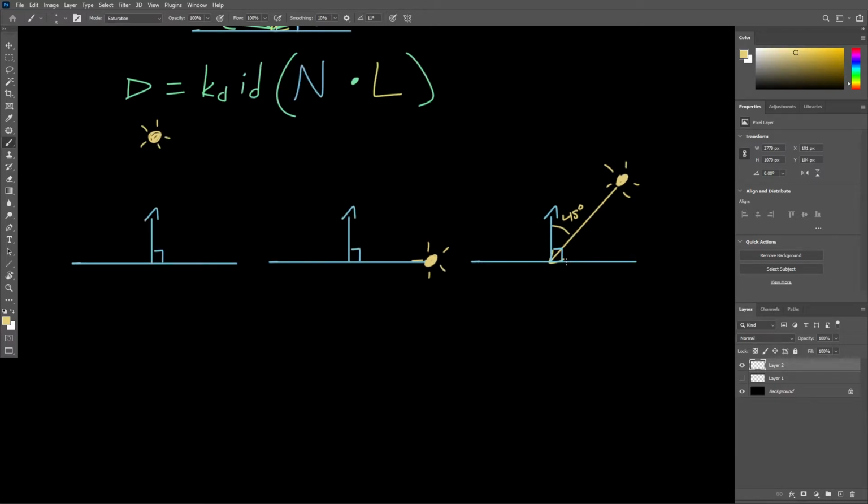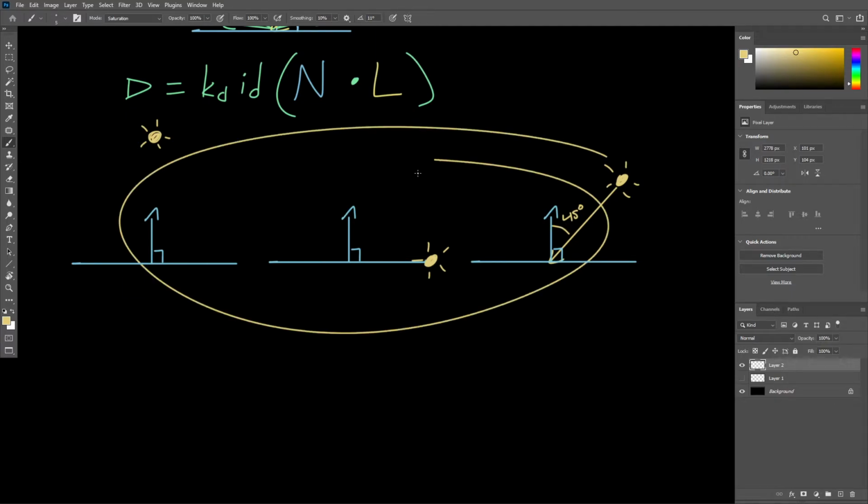So in this case, how bright would you expect the surface to be? How much should it be illuminated compared to this first scenario where the light source was directly overhead? Well, it should definitely be illuminated to some extent, but not as bright as in this case right here. But not completely dark either, right? Because some light rays are still hitting the surface of the object.